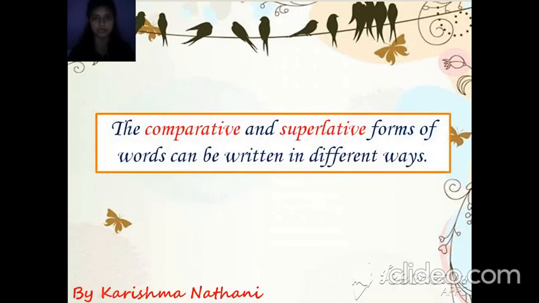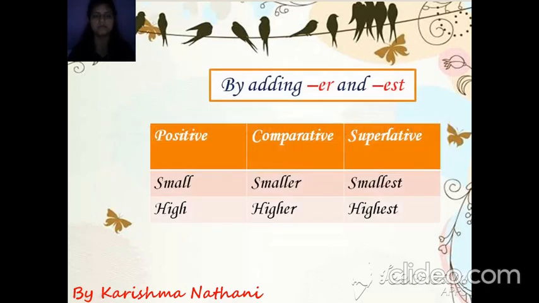The comparative and superlative forms of words can be written in different ways, which we will see now. By adding er and est. Positive, comparative, superlative. Positive shows simple form of any adjective, and comparative shows comparison between two things, two people, two animals, etc. And superlative shows comparison between three or more.